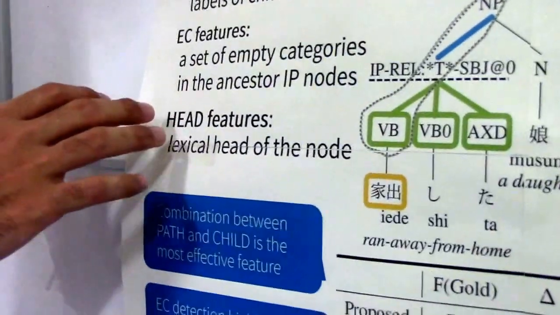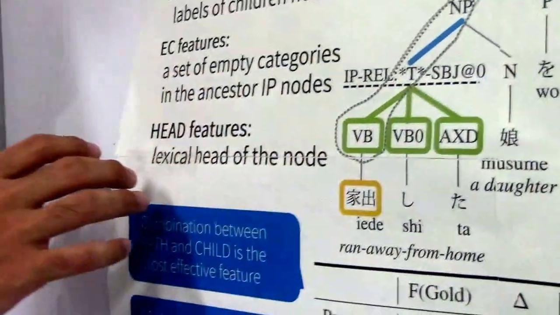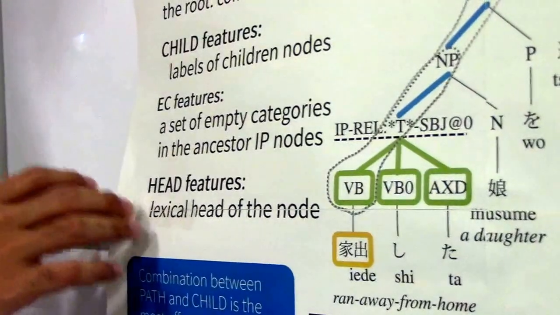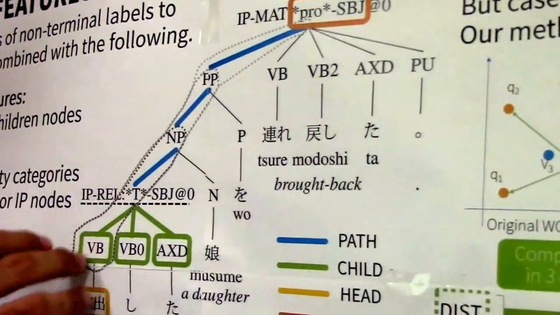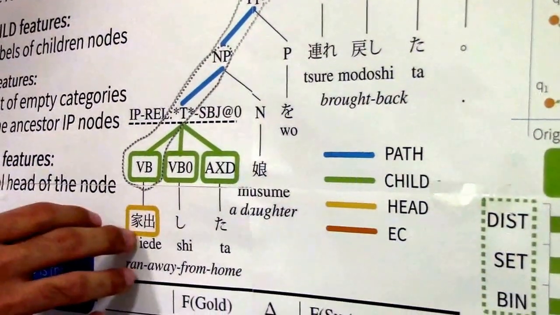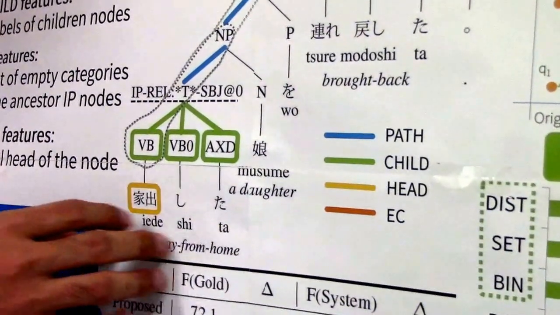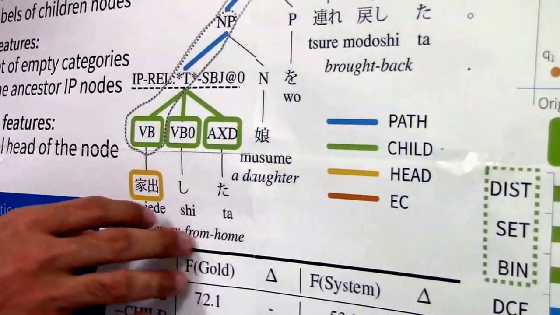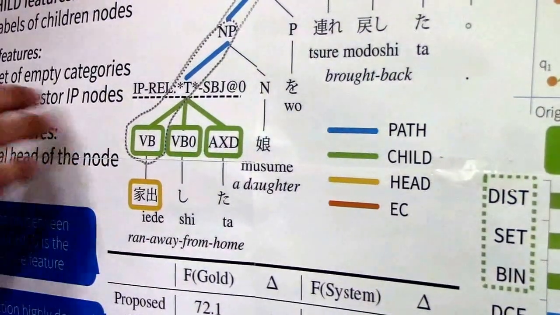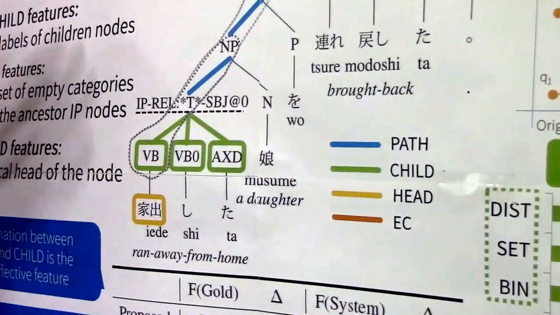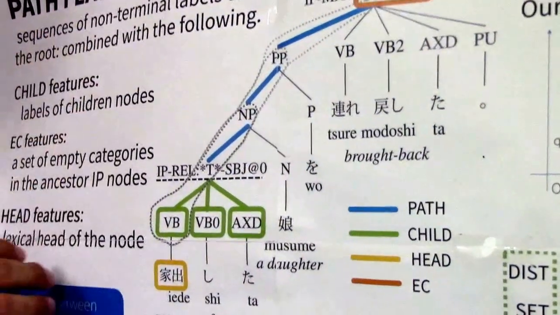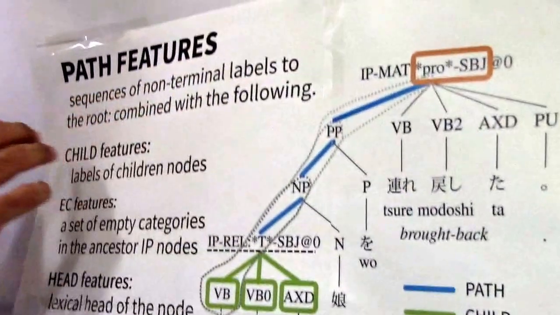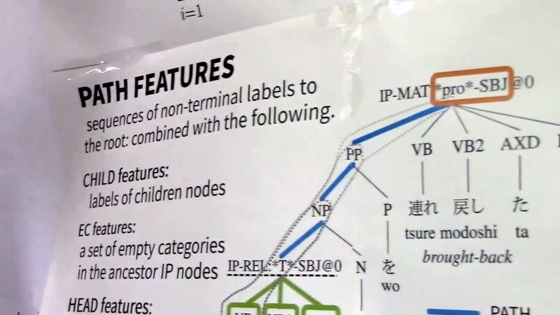And finally, head features are the lexical head of the node. In this figure, the lexical head, meaning the runaway, is the head feature. So we combined these three features and path features as empty category detection features.